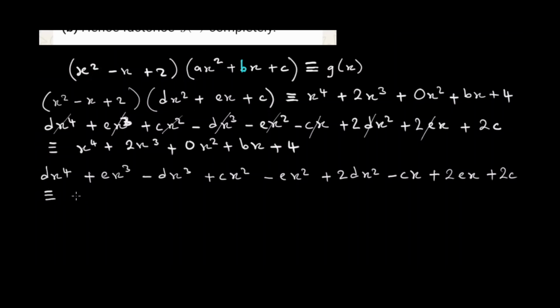This is identical to x to the power 4 plus 2x cubed plus 0x squared plus bx plus 4. So I have crossed out everything here. On top, how many terms were there? 1 2 3 4 5 6 7 8 9. Below there are also 1 2 3 4 5 6 7 8 9.